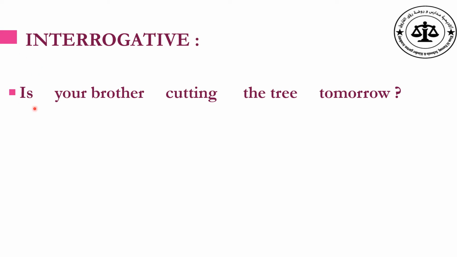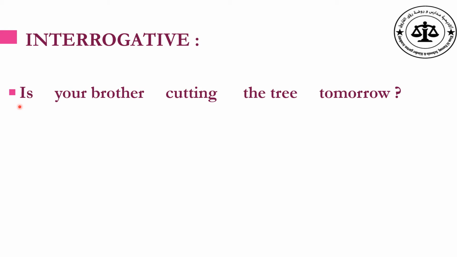Now, if we want to make questions, we know that we have two types of questions: questions with short answers and questions with long answers. With short answers, yes or no questions, look at this question. We start the question by using the helping verb is, are or am. Here we use is because we have your brother, a singular noun.